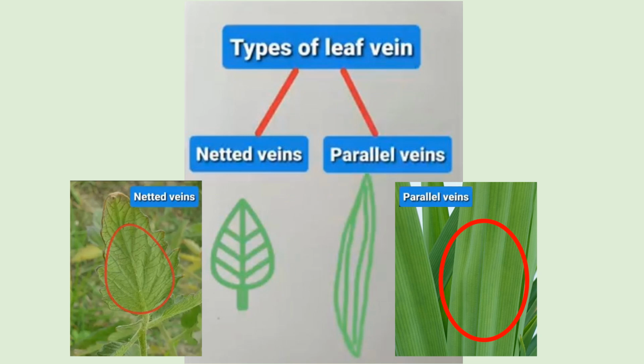Next is the leaf. There are two types of leaf vein, which are netted veins and parallel veins. This is netted vein and this is parallel veins.